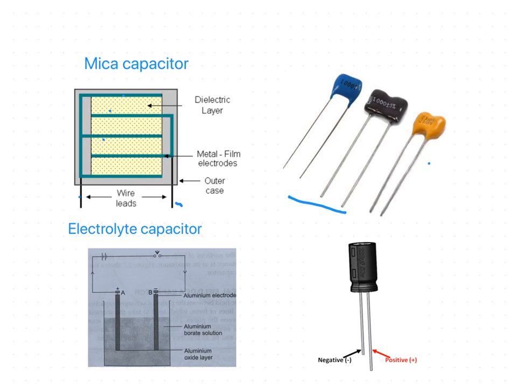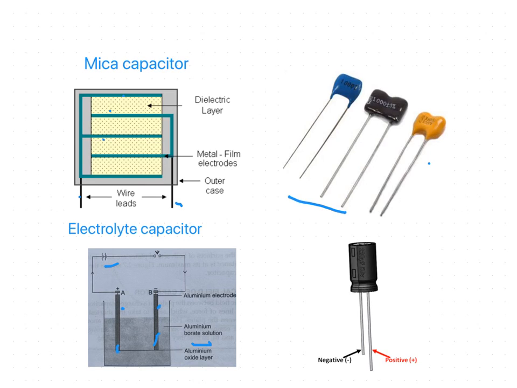Now coming to the electrolytic capacitors, it consists of a pair of aluminum plates dipping in a solution of aluminum borate. One of the plates, A, is connected to the positive terminal, and B is connected to the negative terminal of the source of a steady current.